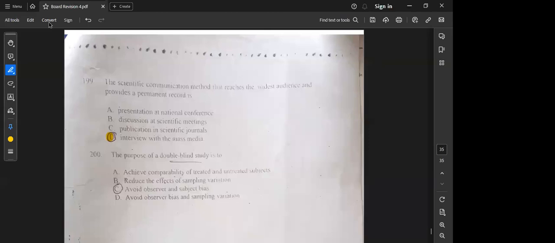It's recommended that you use data to substantiate your answer. So do you have any scientific data to substantiate that the answer is D? Okay, scientific communication, which is the weirdest.